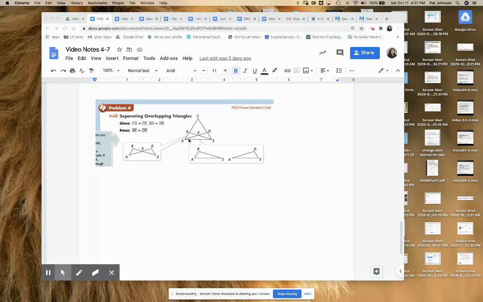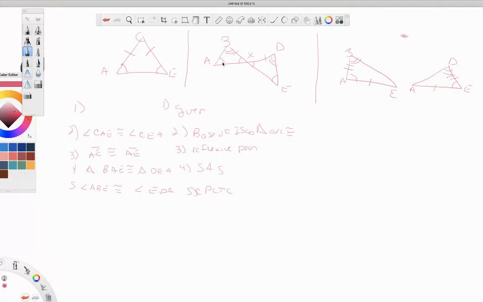Correct? I already said, oh, we don't know that. We don't know this on this one because that's actually a different one. If you notice, this angle A here and angle E are not the same as this and this over here. This is part of that angle.